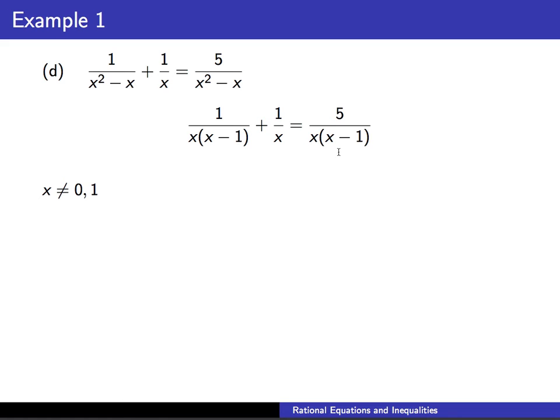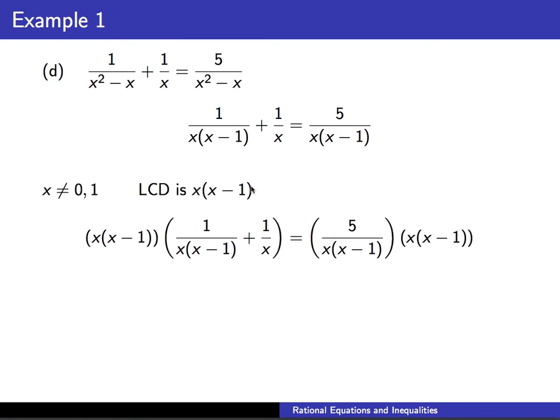Looking at the denominators themselves, our least common denominator for this problem is going to be x times x minus 1. So if we multiply everything on both sides by x times x minus 1, for this first fraction, the x and x minus 1s are going to cancel. We're just going to have the 1 left over. And then add to that, the x's will cancel. We're going to have 1 times x minus 1.